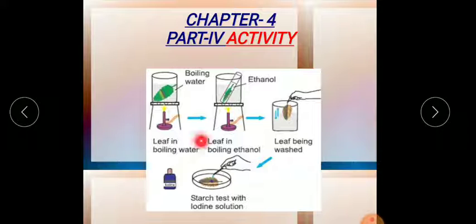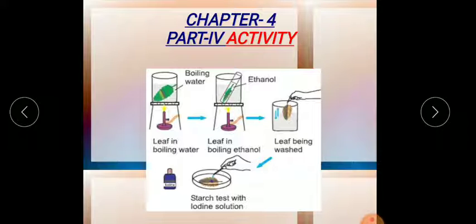So you can see the starch test with iodine on this leaf. If starch is present, it will turn blue black.